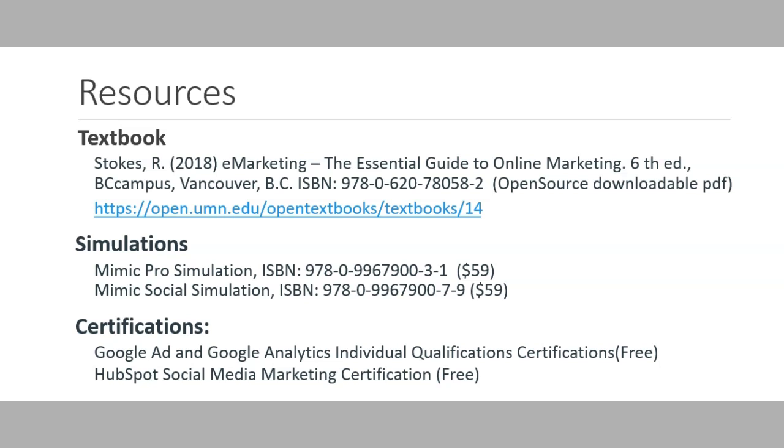There are two simulations I mentioned before, Mimic Pro and Mimic Social. Here are the ISBN numbers if you need to go to the bookstore to get a key. This is the product that you're getting. They're $59 each, or you can directly register through the course, through the Stukent site, and apply your credit card at that time.